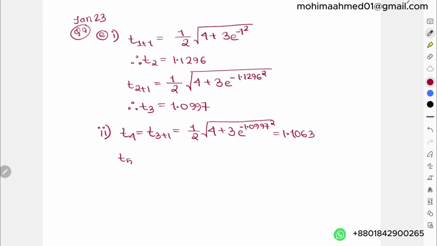Then again for x5, that's going to be half of 4 plus 3 exponential of minus 1.1063 squared, all under the square root, and you just have to type this on your calculator. That gives 1.1048.